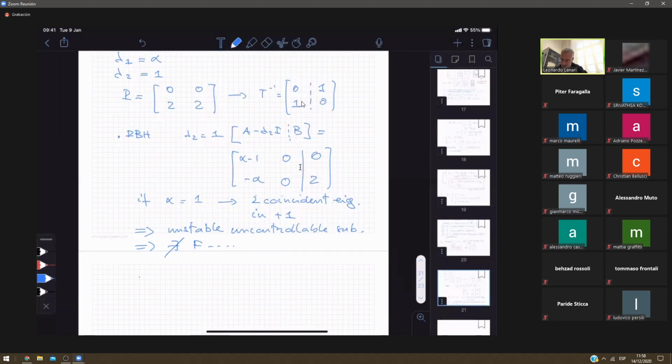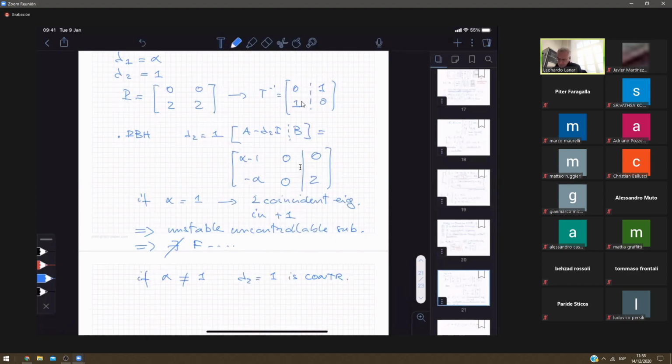If alpha is different from 1, the eigenvalue lambda 2 equal 1 is controllable, since the rank of the PBH test is equal to 2.